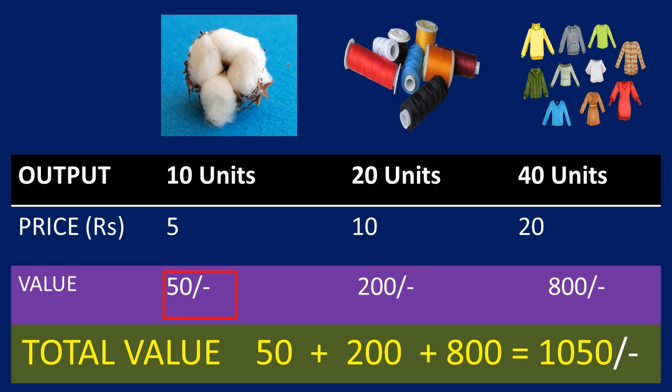In the same way, we take the cost of the thread and the value of the clothes also. And we see the total value of all goods produced, means 50 plus 200 plus 800, that is equal to 1050, which is treated as the GDP of that country.